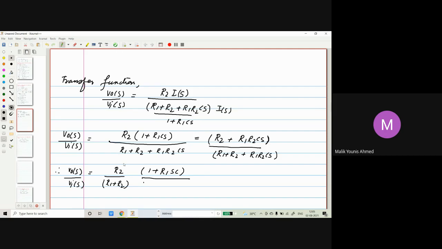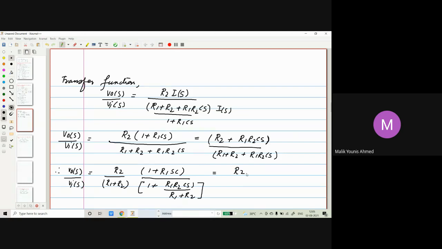Or you can take R1 plus R2 common and then write it. No need to do lots of calculation, but just for the sake I have done it. If somebody leaves it here, the answer will not be a problem, because this is a conventional examination. You don't have to find a precise answer as in the GATE examinations.